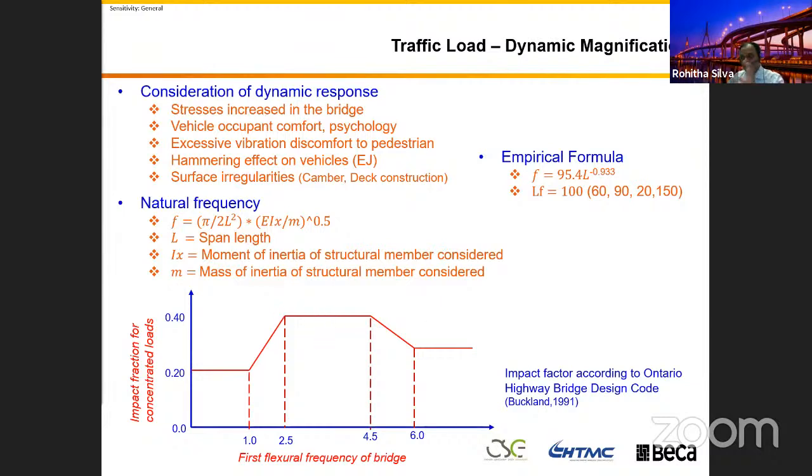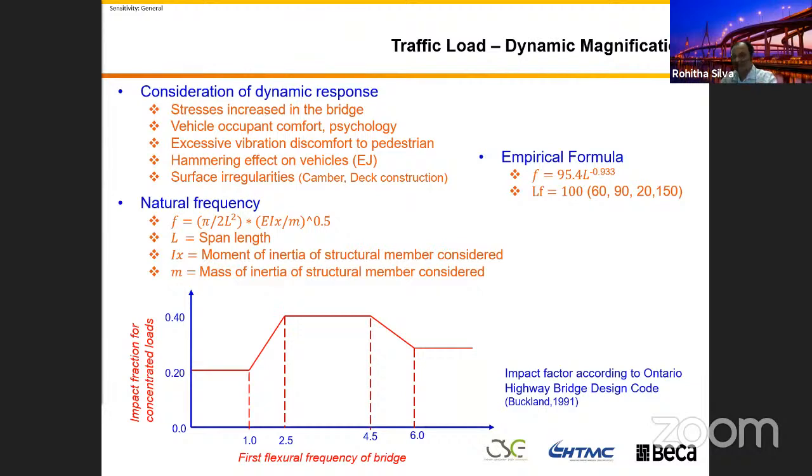Okay, then now we've got a bridge. We have a different set of loading. We know that when we are traveling on the bridge, it does all sorts of vibration. Thanks to people before the 90s, they did research. They understood this, and there has been a lot of development since, because nowadays we have a lot of software and a lot of capabilities.